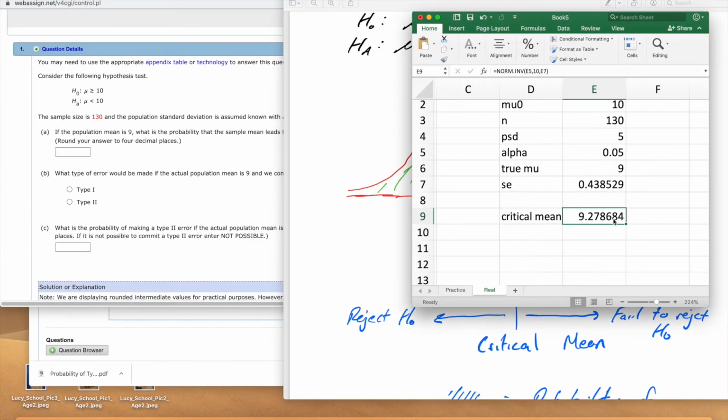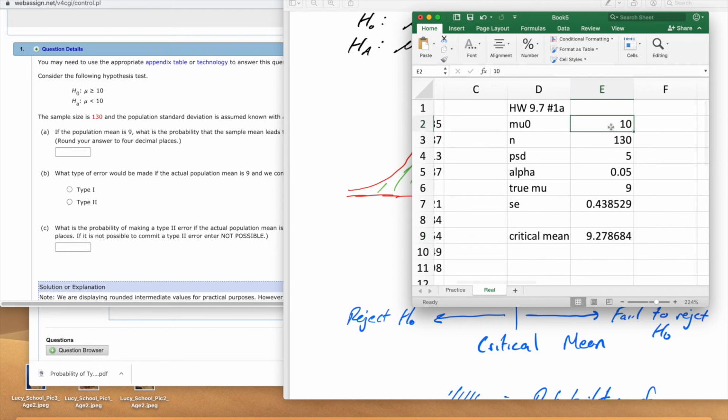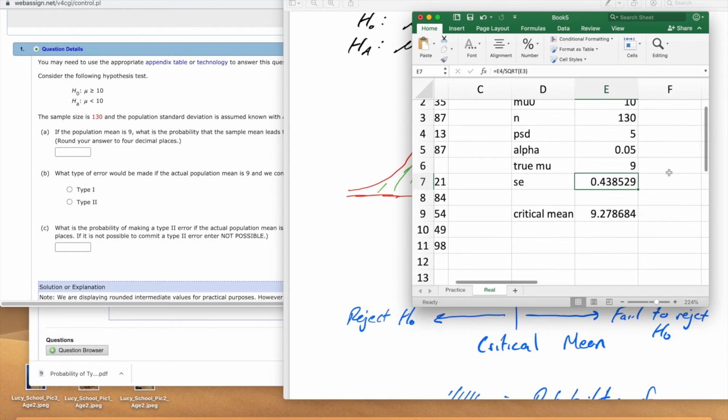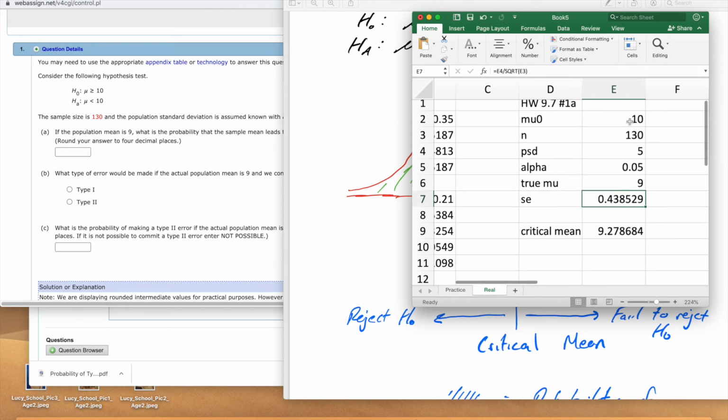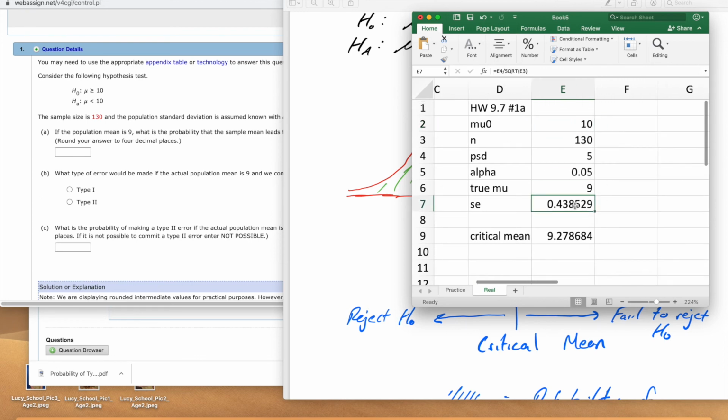So that is the number. Let's interpret it real quick. The probability of landing to the left of 9.278684 in a distribution centered at 10 with this standard error is 5%, because that's how we figured out the number. We asked Excel to tell us the number from a distribution centered at 10 with this standard error that has 5% to its left.